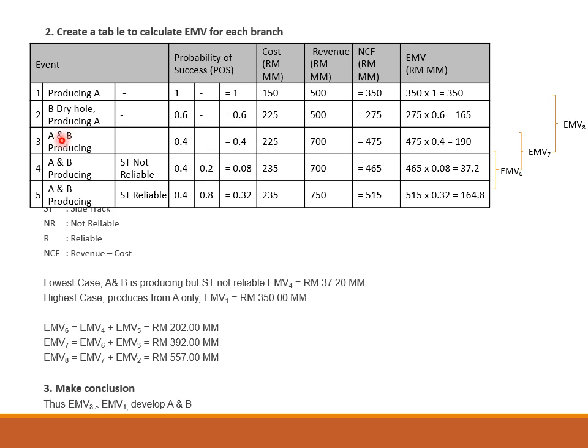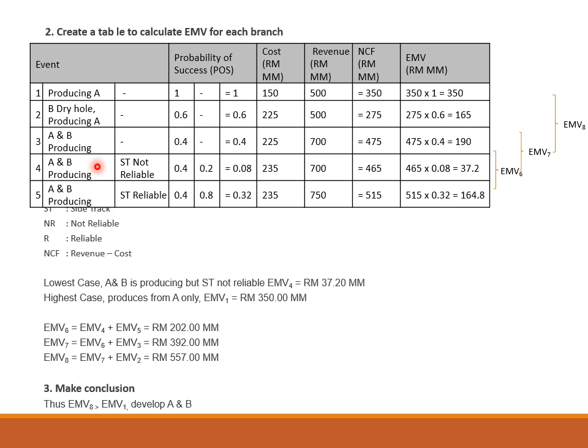So what if B is producing? So you have both A and B producing. You have a bigger revenue. So your net cash flow is 475, and your expected monetary value is 190. Now, if B is producing, you can either have a sidetrack or no sidetrack. However, they want to drill a sidetrack.